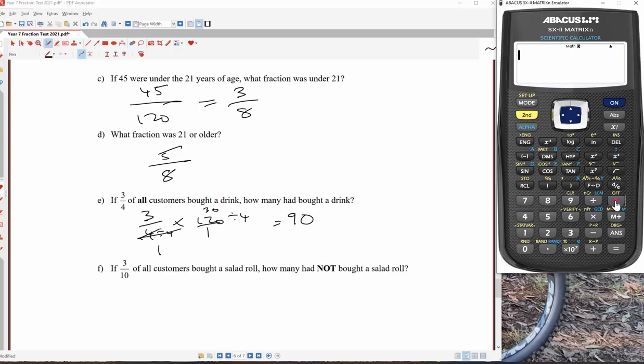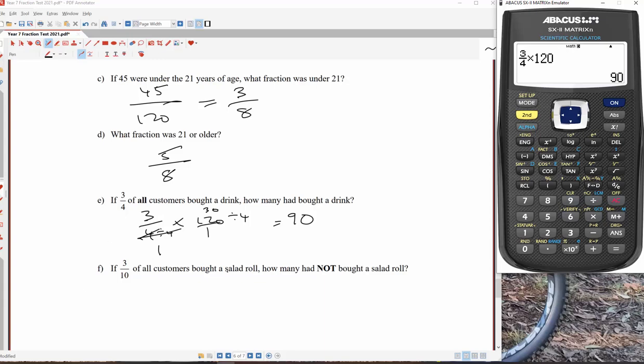Now also, again, you can use your calculator. 3 over 4, let's try that again, times, what was it, 120 equals 90.